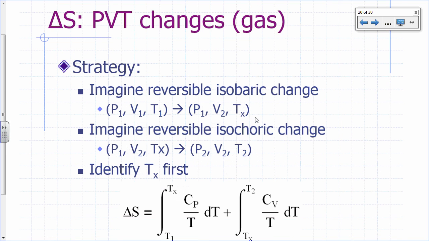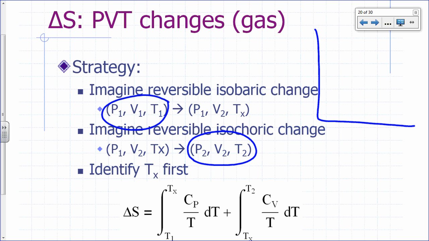All right. Now, in general, if you're interested in calculating delta S for a change involving an ideal gas, you just go from P1, V1, T1 to P2, V2, T2. A strategy you can use: let's say this is point number 1 and point number 2, with this one on this isotherm and this one on that isotherm.